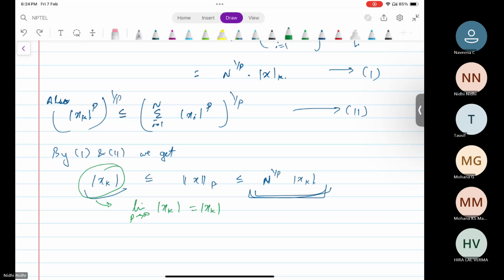The limit as p tends to infinity of n to the power 1 by p times modulus xk is equal to, can anyone tell me what it will be? So this n is constant. We are taking p tending to infinity. And since n is the dimension, n is clearly greater than or equal to 1.